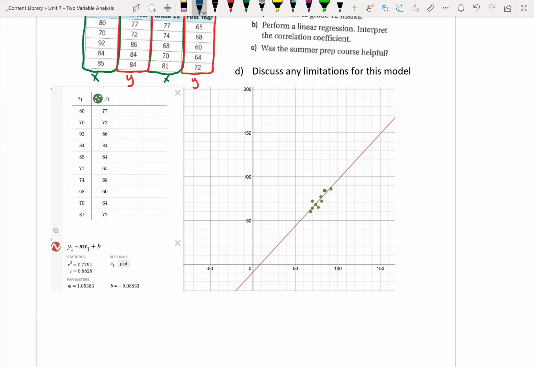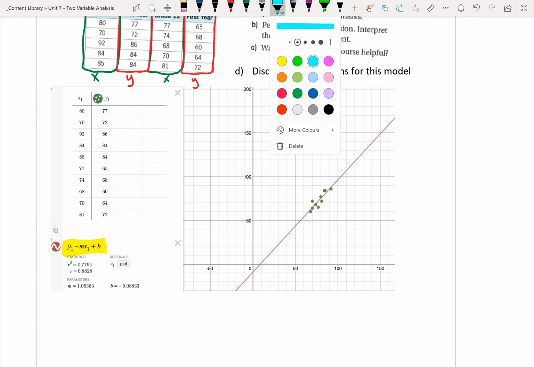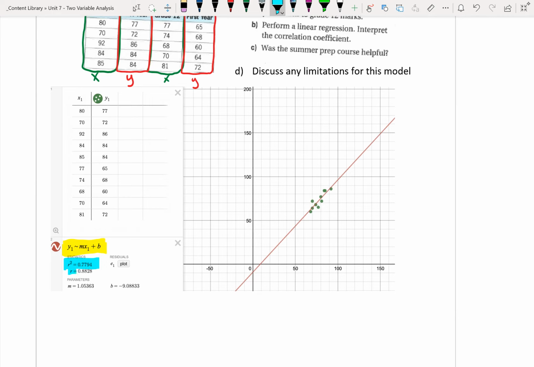We've created our linear regression using the formula y1 ~ mx1 + b, and it's given us our values, specifically our r squared and our r, and our m value and our b value. And if we wanted to, we could plot our residuals to see a residual plot. And we have our scatter plot here.